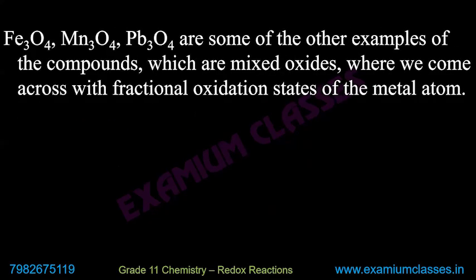So these are very common examples: Fe3O4, Mn3O4, Pb3O4. The reason in case of Pb3O4 is that the mixture components are different in Pb3O4, and in Fe3O4 and Mn3O4 these are similar ones.